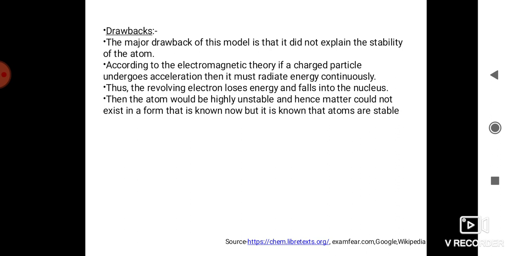As the nucleus and electrons have opposite charges, they attract each other, and finally the electrons will collide with the nucleus. This is the complete explanation of the drawback of the Rutherford model.